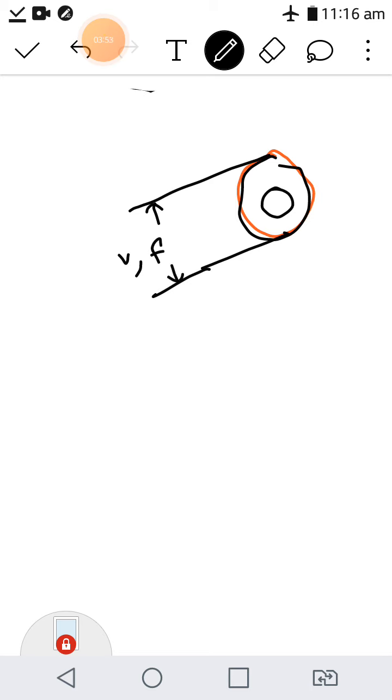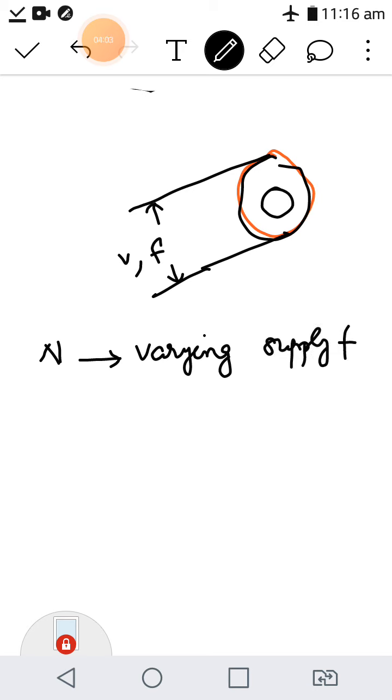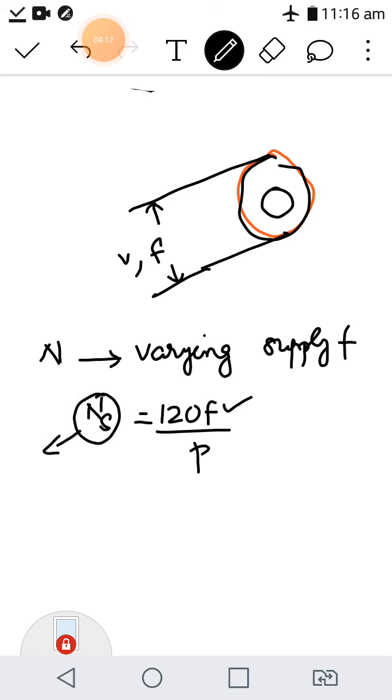So the speed of the machine, N, can be controlled by varying the supply frequency or the source frequency, because Ns, the synchronous speed, is equal to 120 F by P. So if you vary the frequency of the source, the synchronous speed varies. Synchronous speed varies means the rotating magnetic field speed varies. That is actually determining the speed of the rotor.